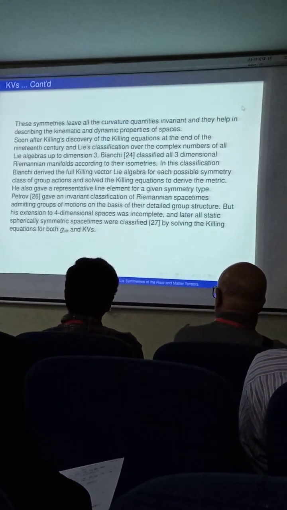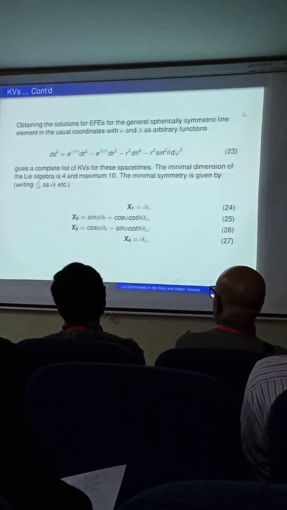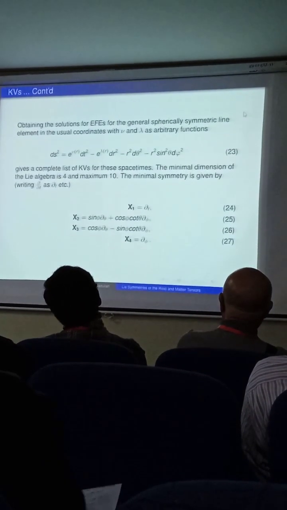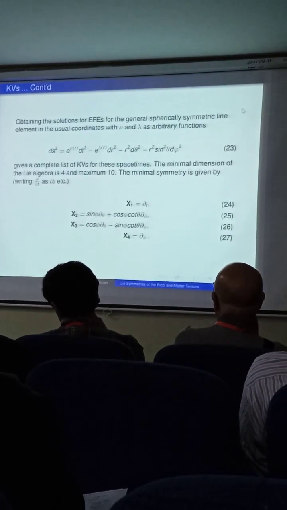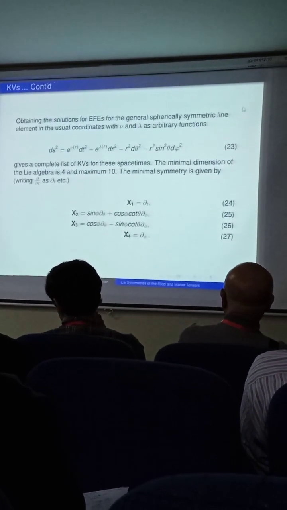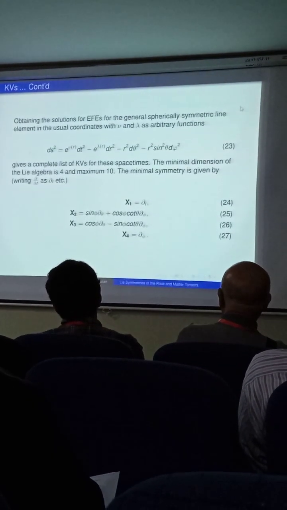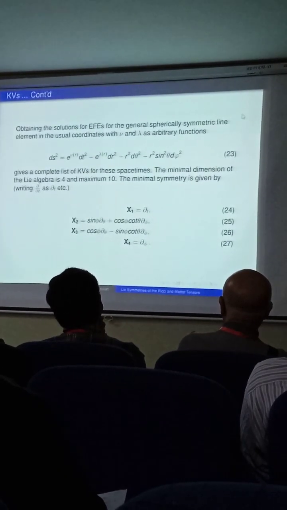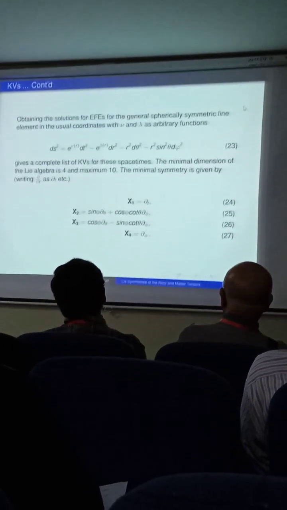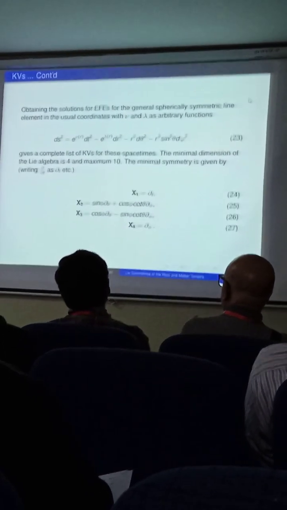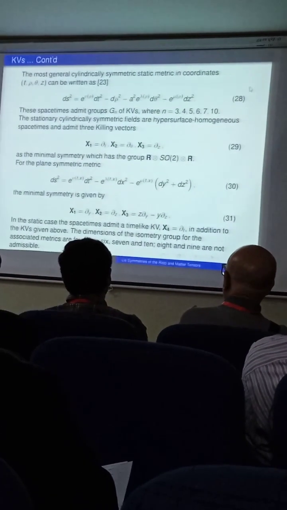For example, if this is a general spherically symmetric metric, then its Killing vectors will be given by these four vectors, 24, 25, 26, and 27. The first one defines staticity: if it's static, we have this time-like Killing vector. The other three define a sphere, and the first one defines the static sphere.